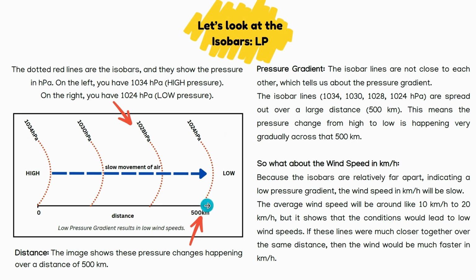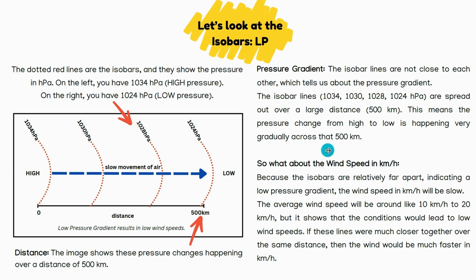The image shows the pressure changes happening over a distance of 500 kilometers. The isobar lines, as you can see, are not close to each other, which tells us something about the pressure gradient. The isobar lines are spread out over a large distance of 500 kilometers. This means the pressure change from high to low is happening very gradually across that distance.